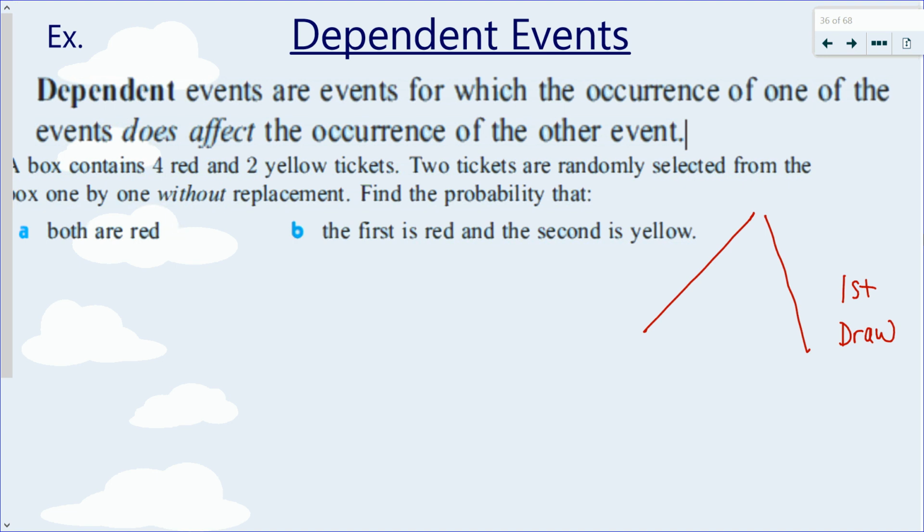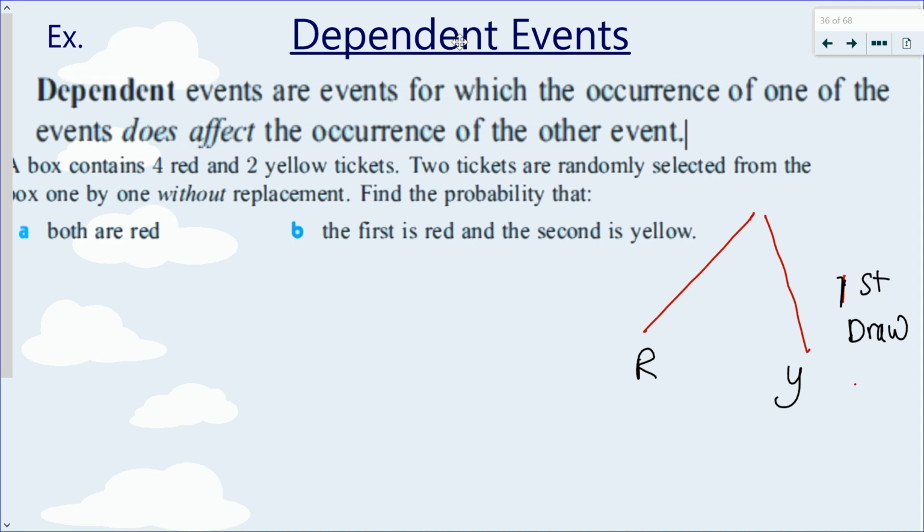So if you do the first draw, you could pull a red or you could pull a yellow. I feel like my brain hurts that the yellow is in red. Okay, I have to fix that. Red, yellow. Sorry. Red, yellow, and then we have the first draw. So you're going to draw the first ticket.